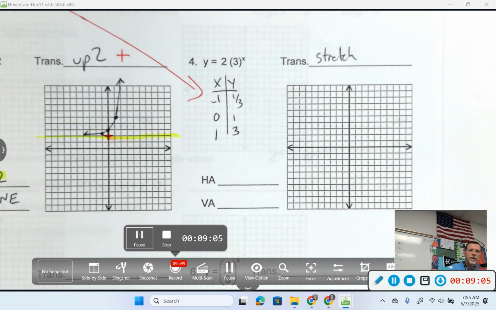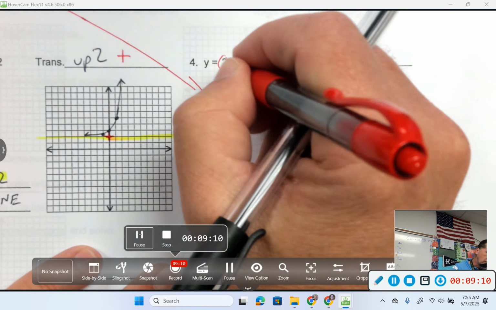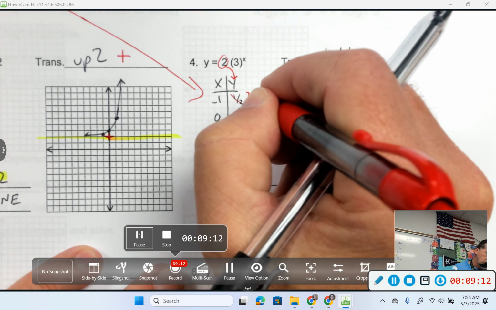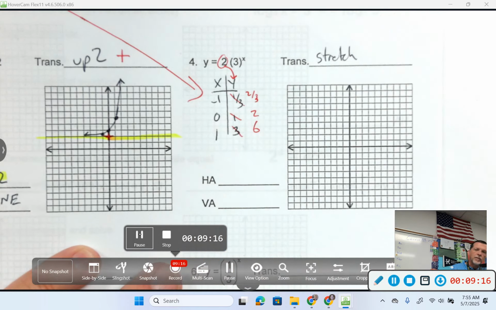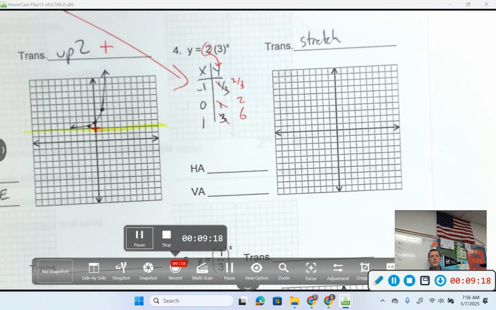Good. So it's that same process. There's a 2 out front. It goes to the y values. So 2/3 and 2 and 6. So we didn't translate. We didn't move anywhere. We just stretched.